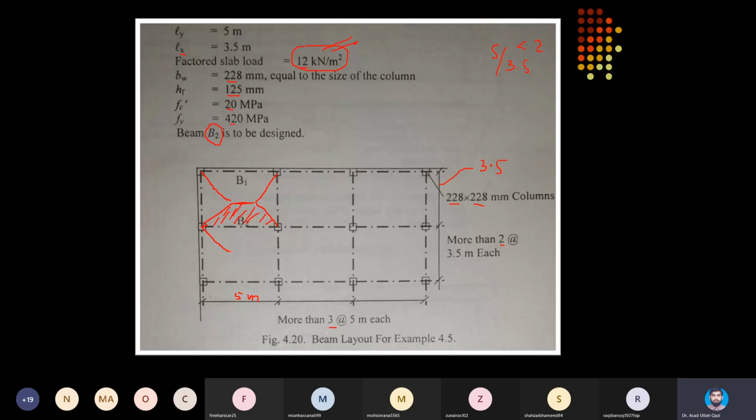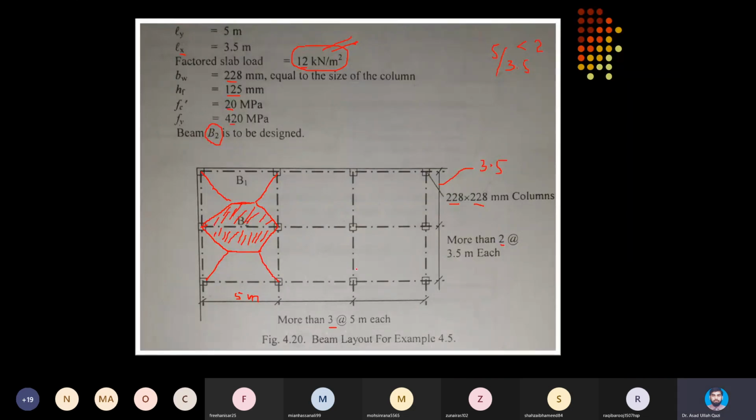Like this beam B2, which is running along the longer span, will get the load from adjacent panels by dividing the panels into segments, and two of the trapezoids will transfer their load to beam B2, and onward all the adjacent panels will transfer their load to the corresponding beams by dividing them into trapezoids and triangles.